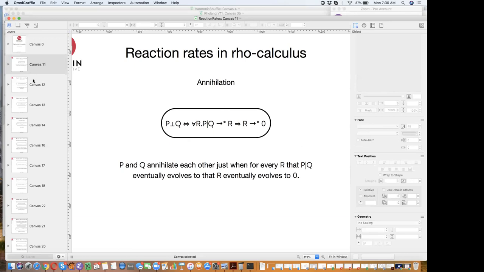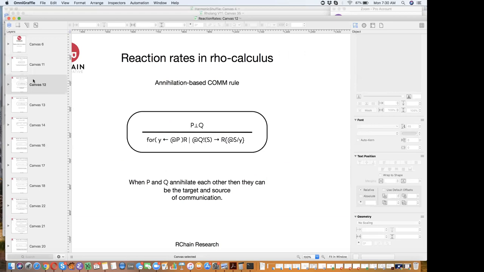So now we can take an idea from Robin. Robin said, suppose we have some kind of abstract relation on processes or on channels. Suppose we have some kind of abstract co-channel relation, then we can use that as the basis for communication, right? And in this case, we can lift that idea to annihilation.